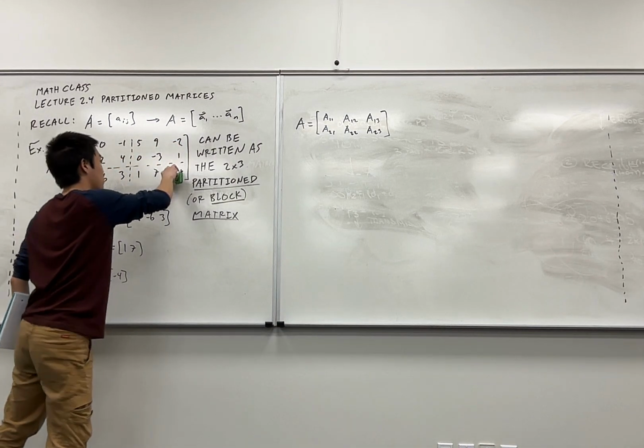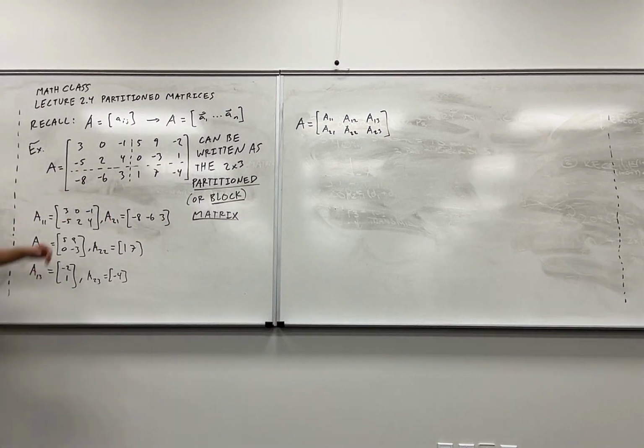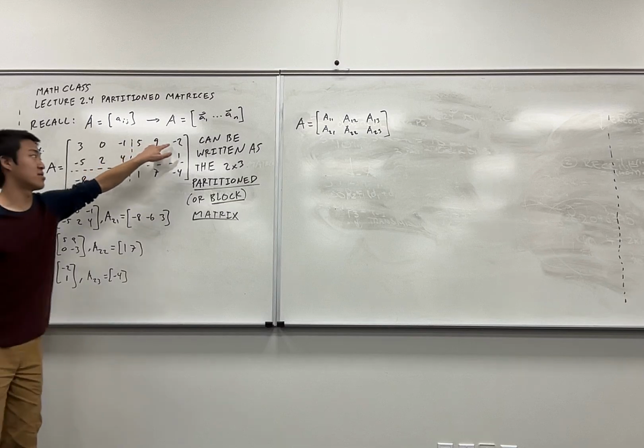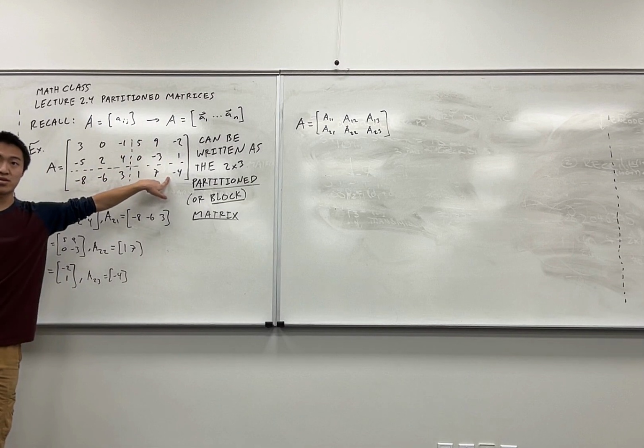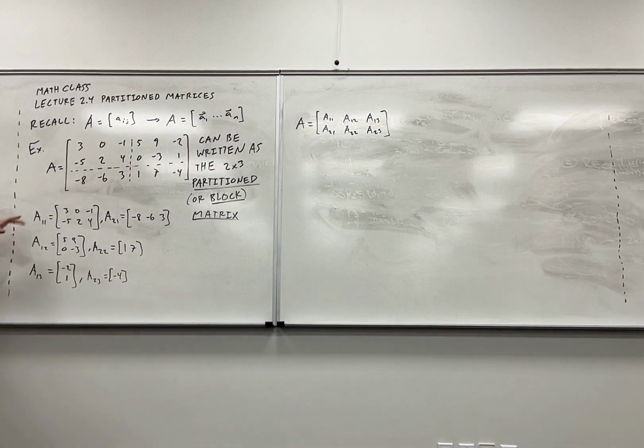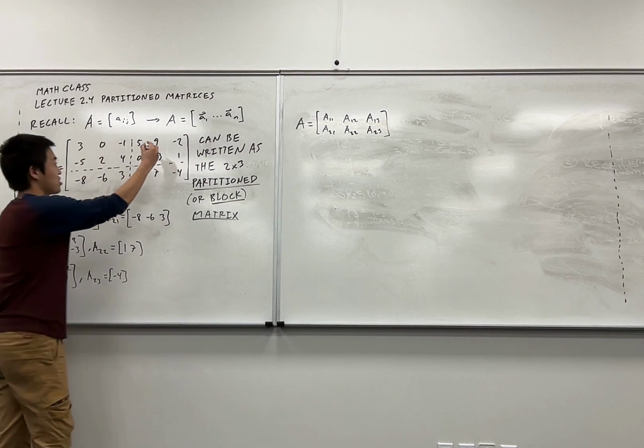If I get rid of that partition marker, then now I've just made my blocks like this. This is a block A11, and now this is my other block A12. And then these become the bottom two blocks. So the idea is, this is just an example. I have to pick numbers, I have to pick an arbitrary partition so that you can see. But yeah, you could have done that however you wanted.